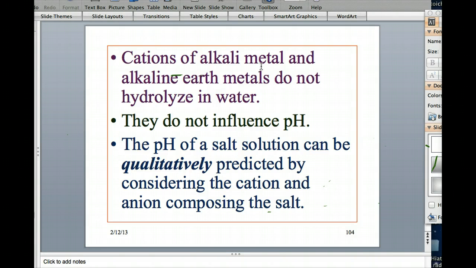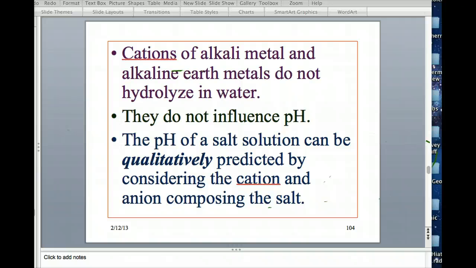First of all, the cations of the alkalis and alkalines do not hydrolyze in water. This is something we've covered several times: they don't react with water. They don't hydrolyze, meaning producing HOH. They do not influence the pH. They're neutral. Why are they neutral?